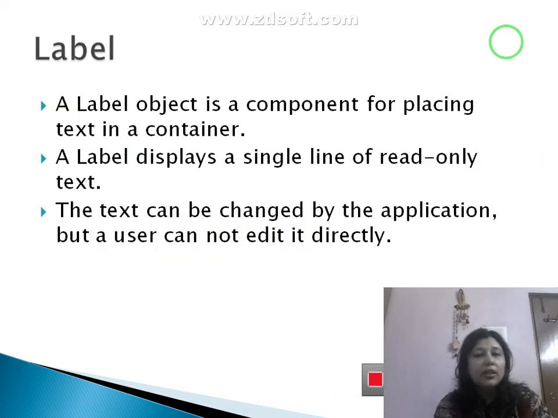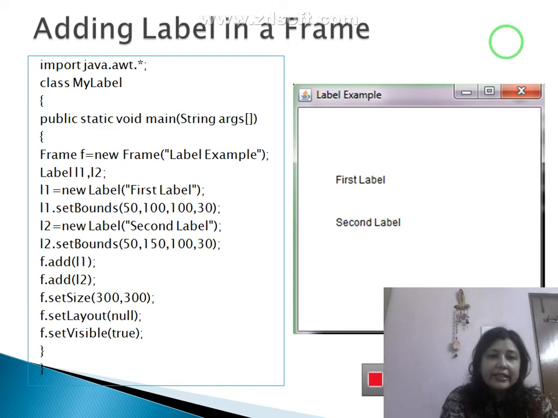Now label. A label is a component. Whenever we have to create an object of the label, like any other component, we create the object, like Label L1, L2, and add it using the frame object.